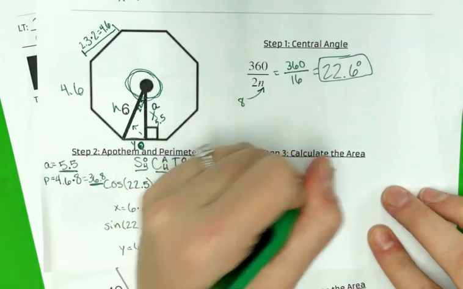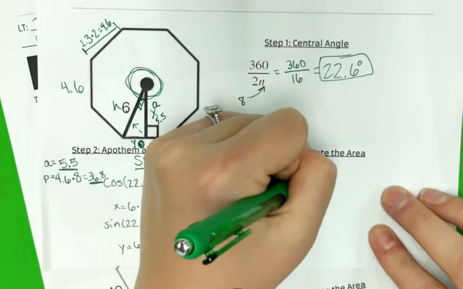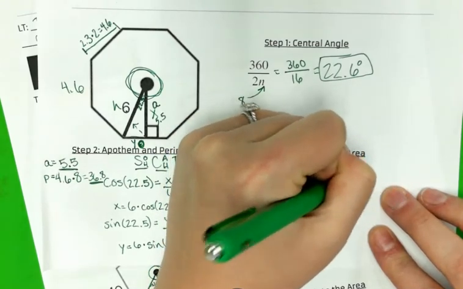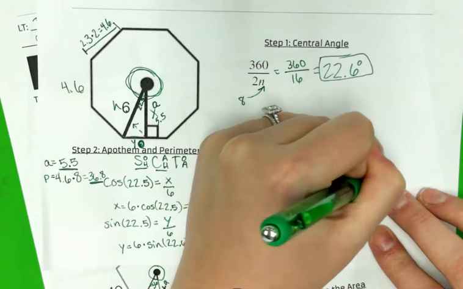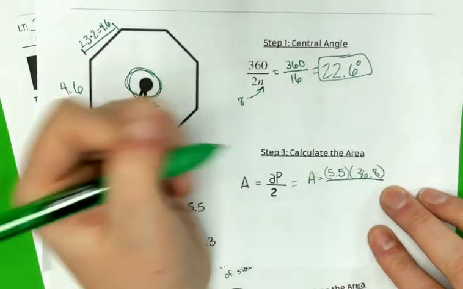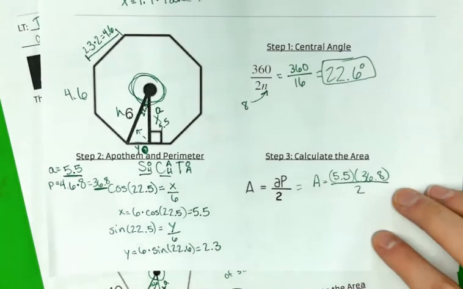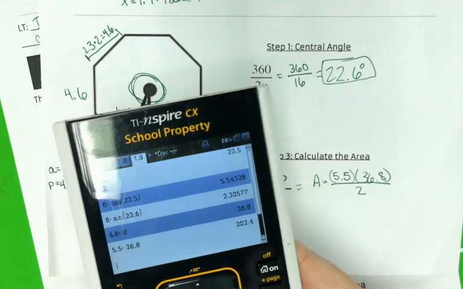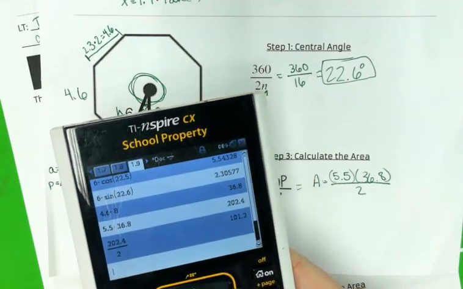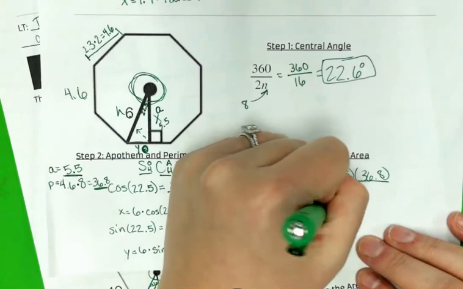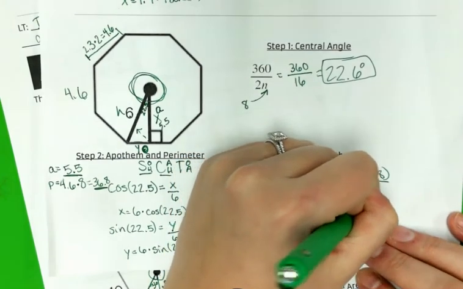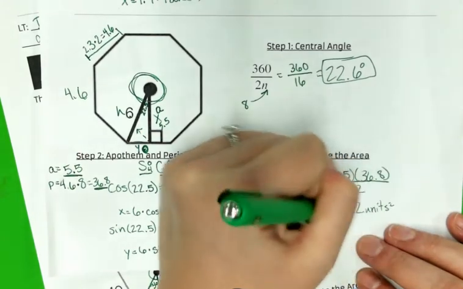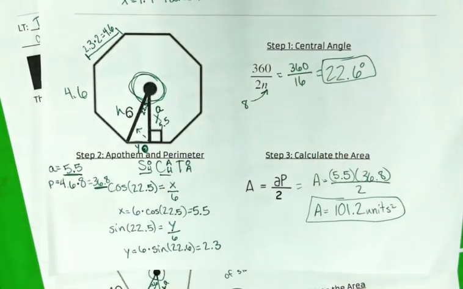So the area equals 5.5 times 36.8 divided by 2. So 101.2. All right, and that's it.